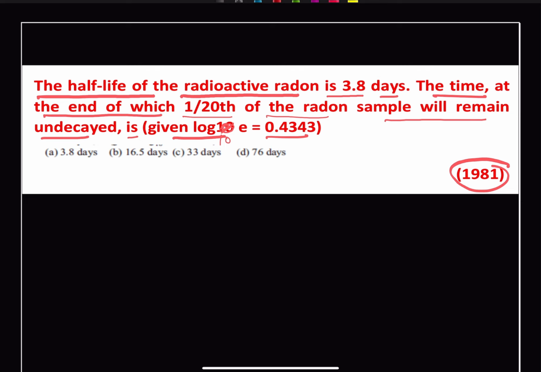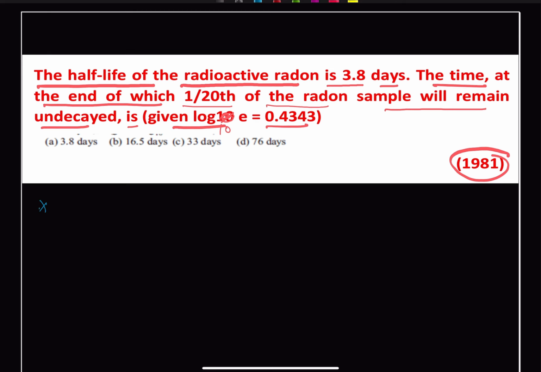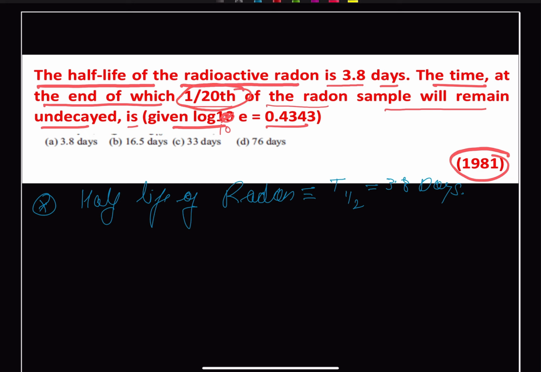So in this case we are given the half-life of radon, which we can call T half, and that is given as 3.8 days. We are also given that only 1/20th of the sample should be remaining.